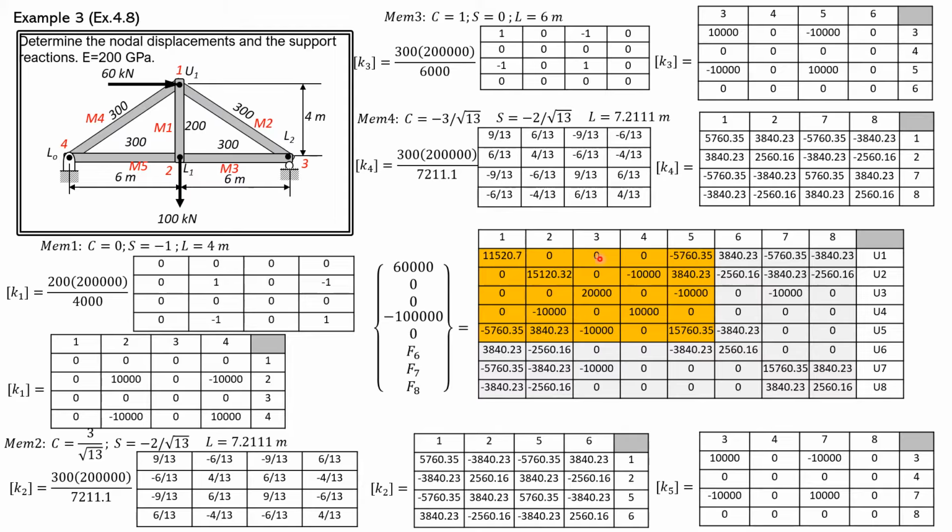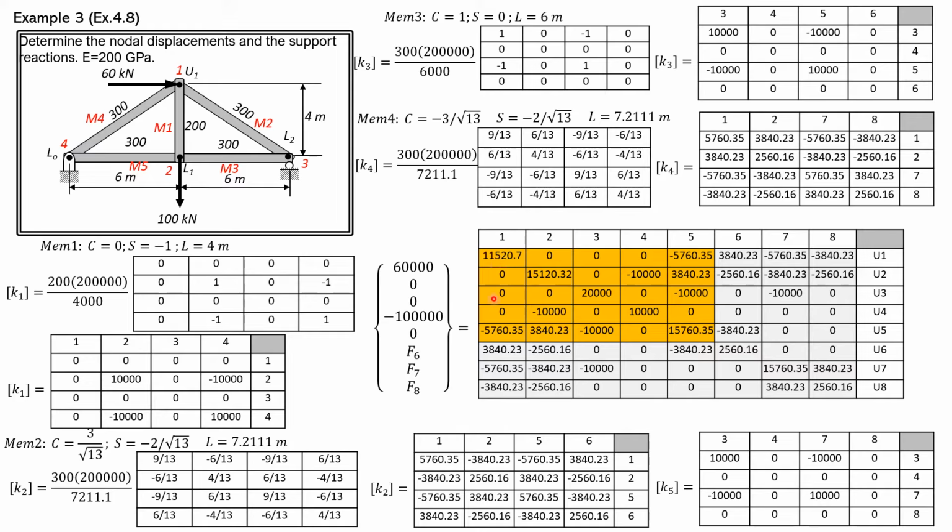Then 3, 1. It's 0 here. There's no 3, 1 here. So it's 0. Then, by the way, this is 1, 2, row 1, column 2. So that's why it's also 0 here. Remember that the global stiffness matrix is symmetrical.